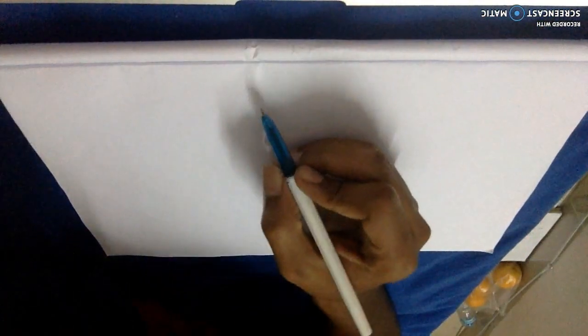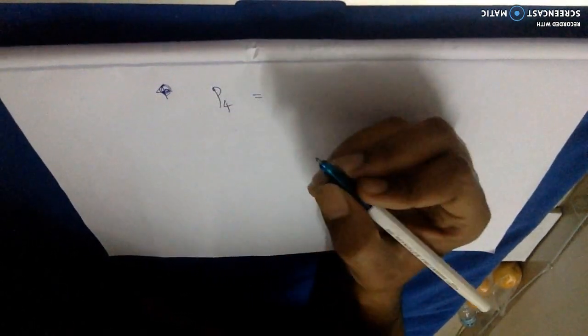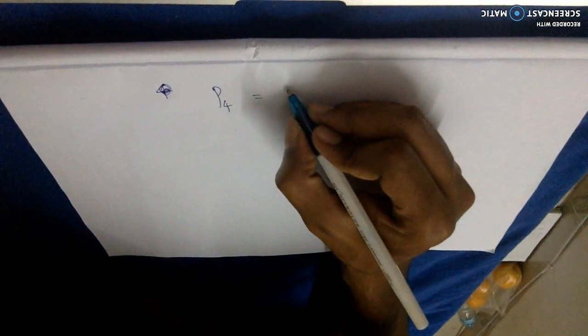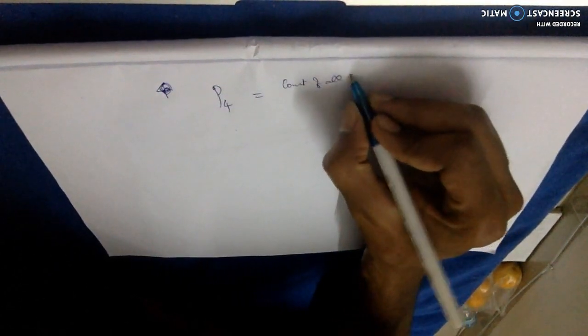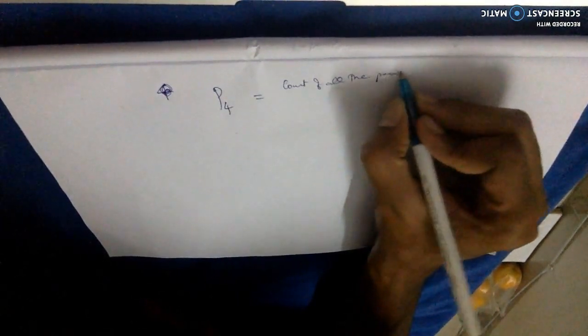So if you want to shuffle 4 things, let's give a notation. Let's say P4 is equivalent to a count of all the possibilities in which 4 things can be arranged.